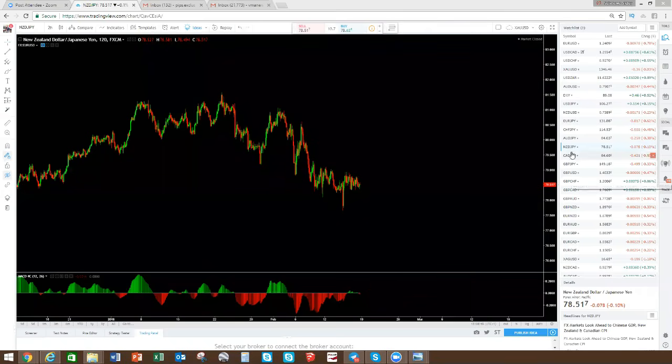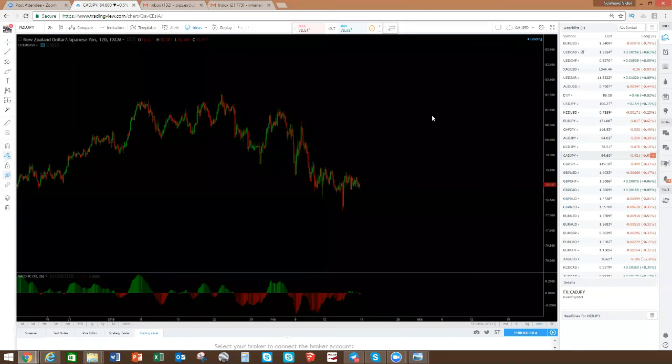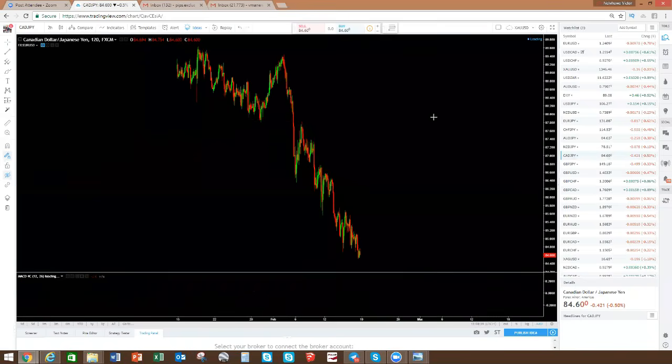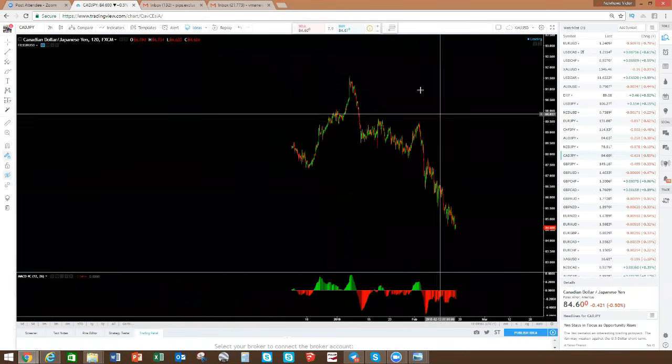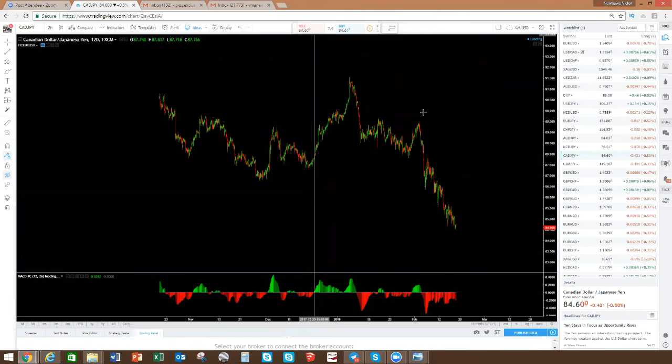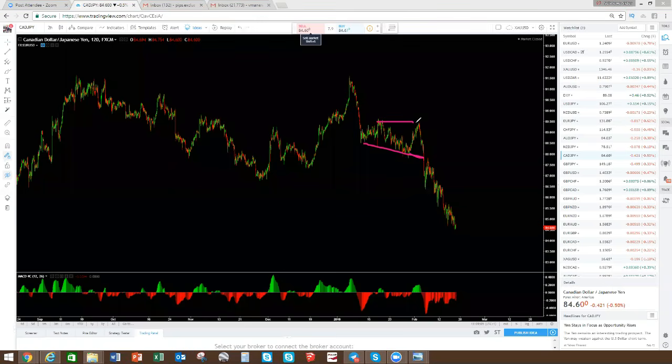All right, so that's the yen pairs, CADJPY. Let's do CADJPY. Okay, you can see they're all making the same structure. But CAD looks like it's making an impulsive move, 1, 2, 3, 4, 5 to the downside. 1, 2.